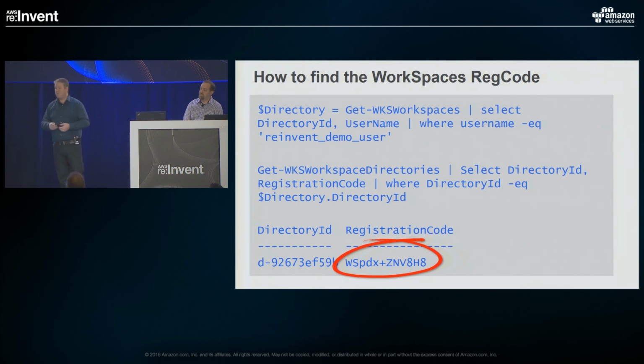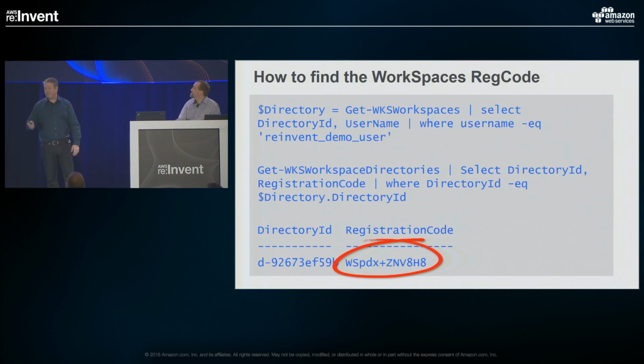Then I'm going to use that variable in the second command, which is get workspace directories, to find the registration code. Okay, so this way I'm finding which directory I need to talk to, so I have to find out my user ID, which directory it's associated with, and then go in and find what the reg code is associated with the directory. And these are just two very simple ways of doing this. And okay, so you can see down the bottom here, this is the reg code that we need, and we'll be showing you.